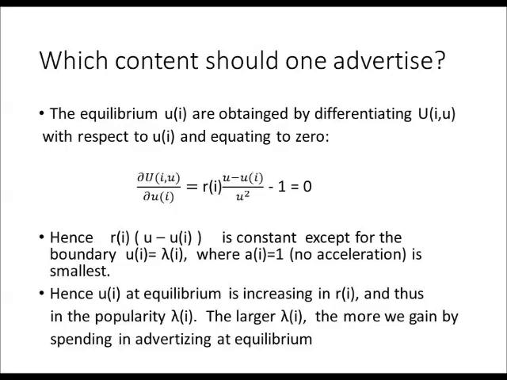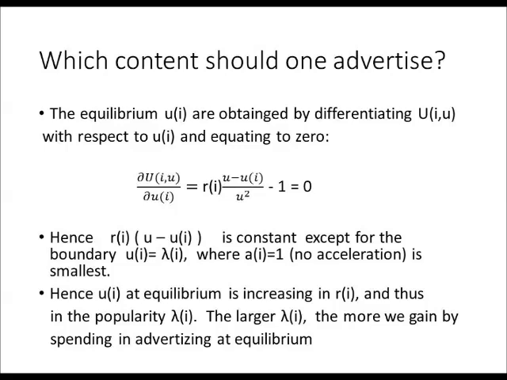We now have a look at the properties of the equilibrium. The equilibrium value of the policy of player I, the choice of popularity, are obtained by maximizing the utility of player I. Now, assume that this maximum is an interior point.